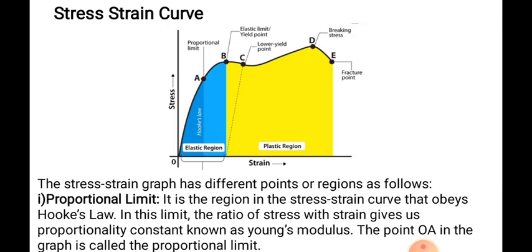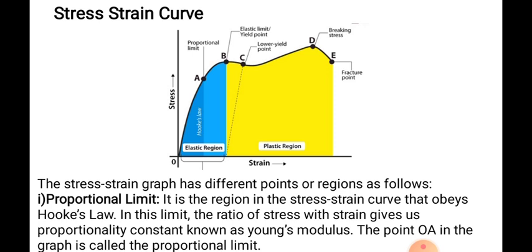Now, what is the elastic limit? Point B. Suppose on a metallic bar we have applied a certain amount of external force. Because of the external force some deformation will occur in that metallic or steel bar.